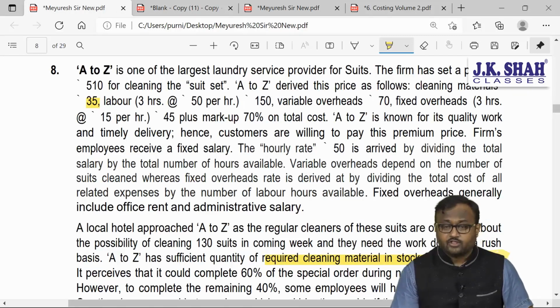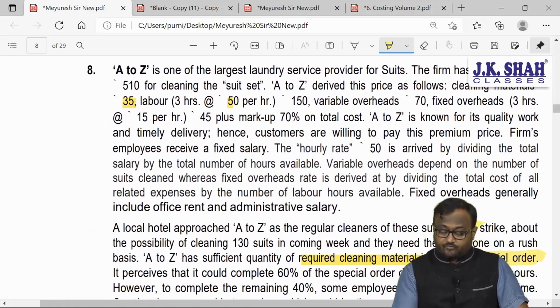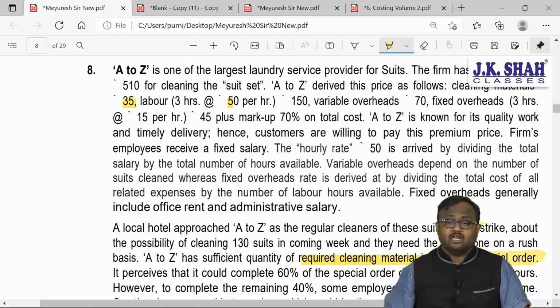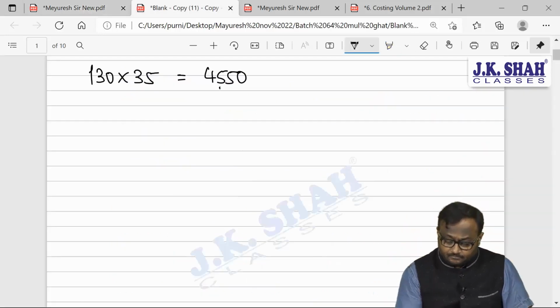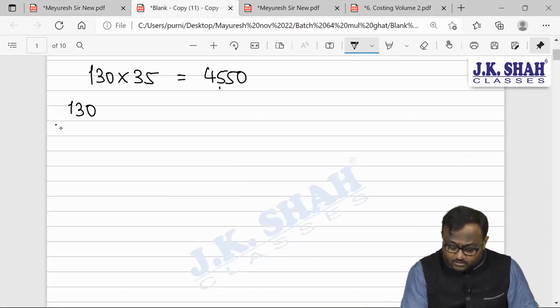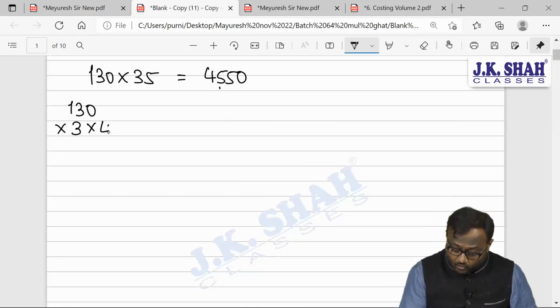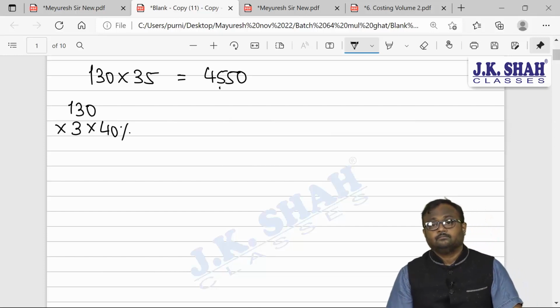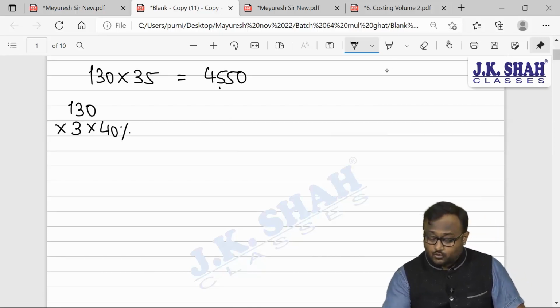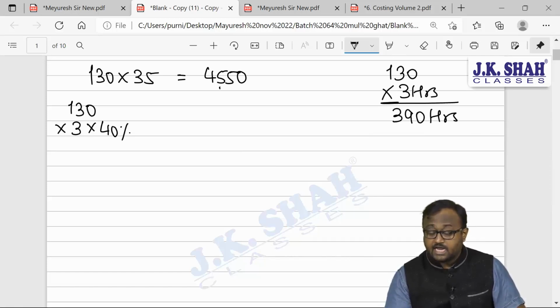Labour is already calculated on the basis of 50 rupees per hour. Guys, you calculated 50 rupees per hour on the basis of total available hours. Right? Now your 130 units will require 3 hours each, so 390 hours is the total time required. Out of that, 40% is overtime. Guys, listen to me. 130 suits into 3 hours, 390 hours I need.